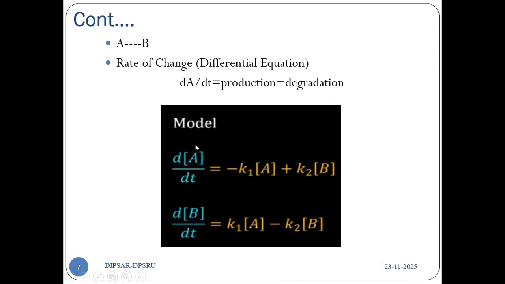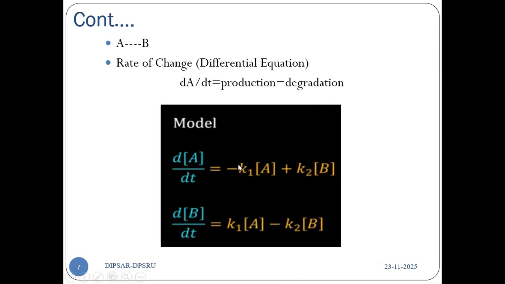So you can see that A to B, and B to A as well, if for example you want to see the change in the concentration of A. By a simple differential equation, dA by dt is equal to minus K1 A. The reason there is a negative sign is that K1 and K2 are constants, and A is going to degrade and form B. So of course the concentration of A is going to decrease.